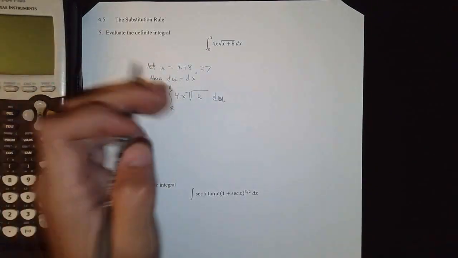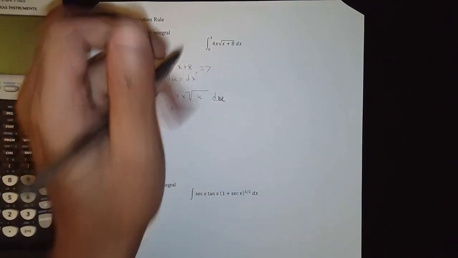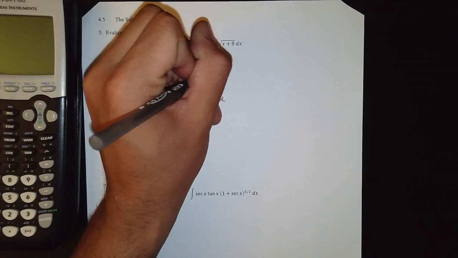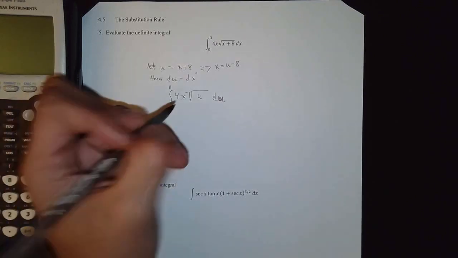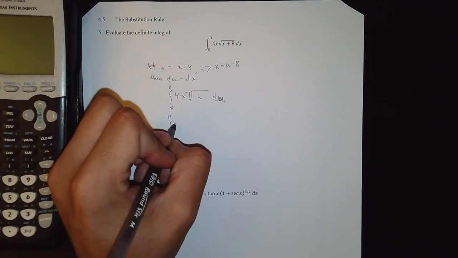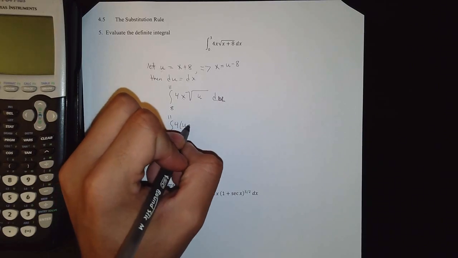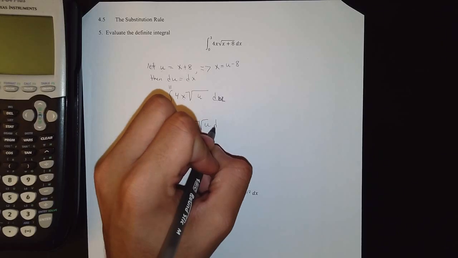The answer is using the equation up above. If u equals x plus 8, then x has to equal u minus 8. And so let's substitute that. So the integral from 8 to 11 of 4 times the quantity u minus 8 times the square root of u du.